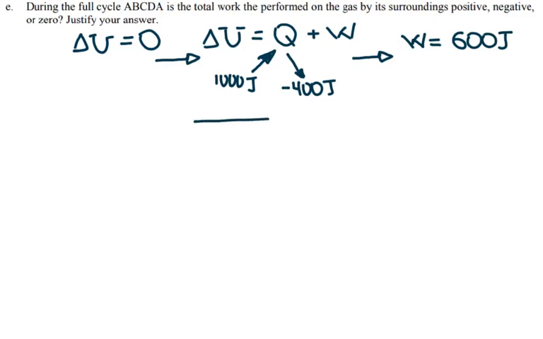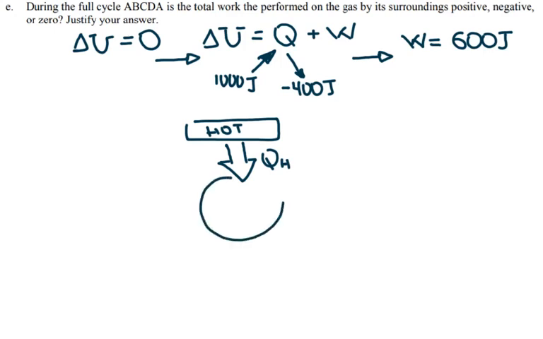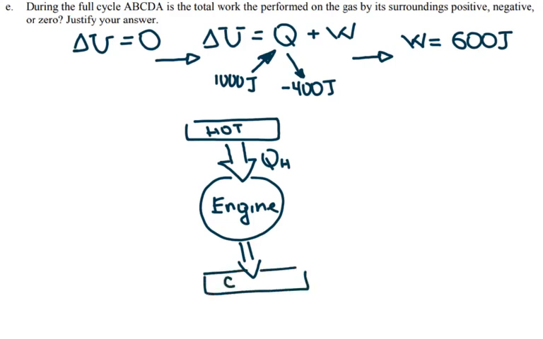If you remember this graph, you have hot, and the energy is coming from here. Q hot is coming into the engine. Some of it is going to be spilled back into the cold reservoir.